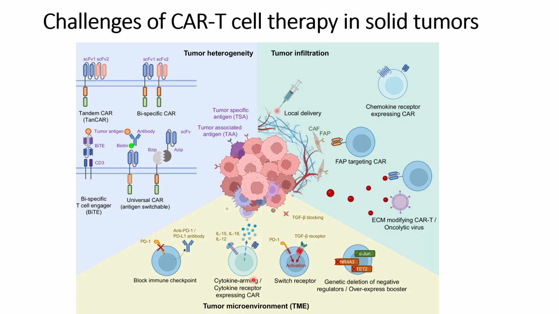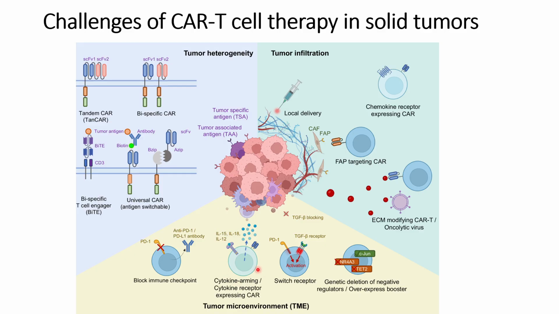So in order to deal with this, one of the things they can do is block PD1 and PDL1 through anti-PD1 or anti-PDL1 antibodies, so that PD1 on the T cells will not be able to interact with PDL1 on the tumors.